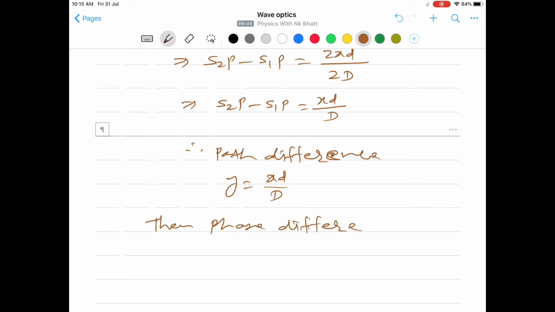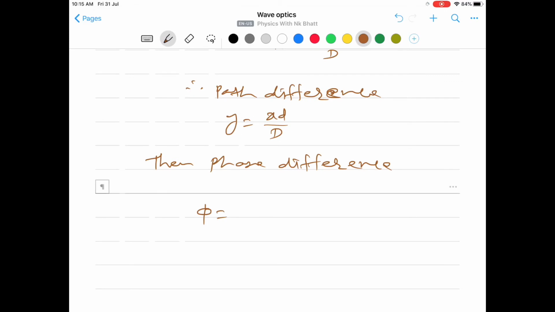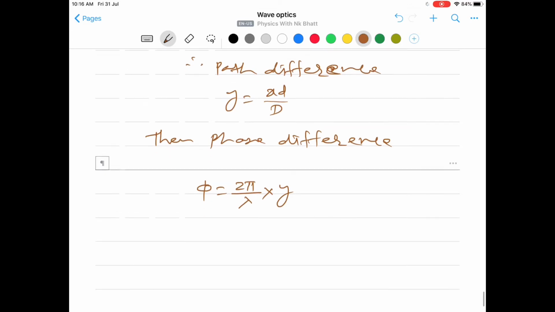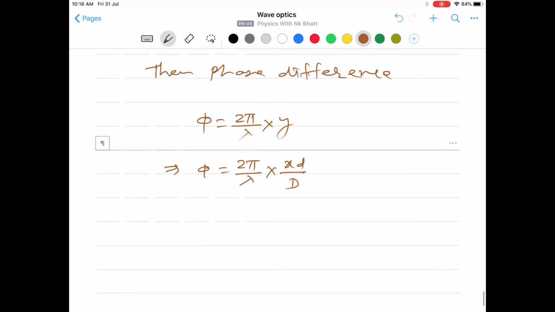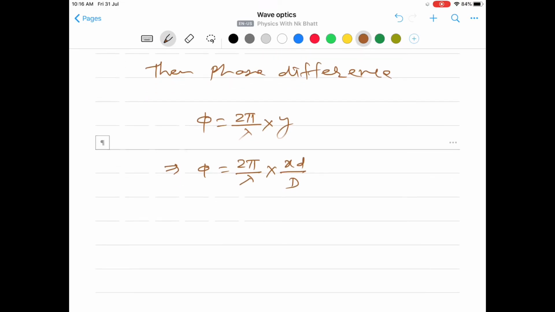The phase difference phi is equal to 2 pi by lambda into y, and y is xd upon capital D. Now we will use the condition of constructive interference.